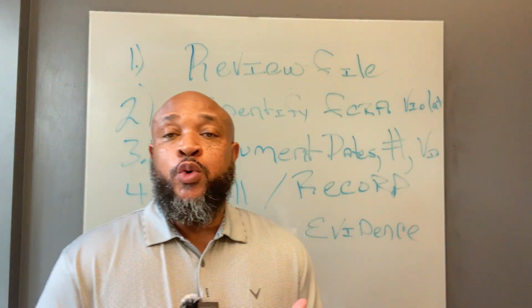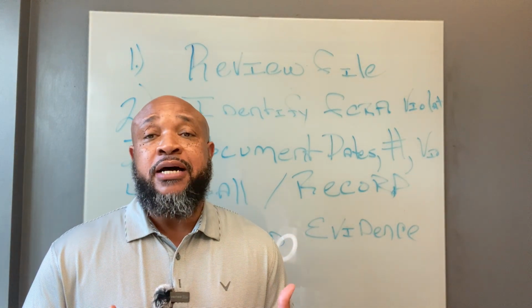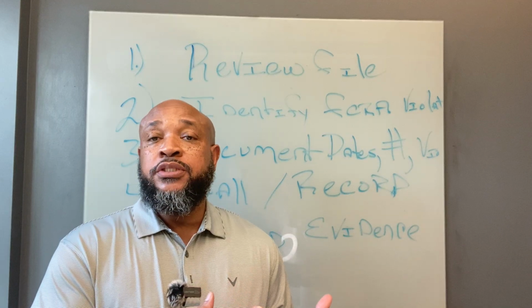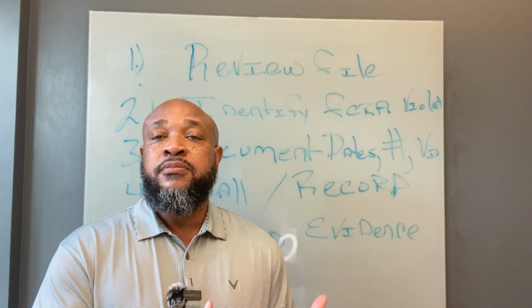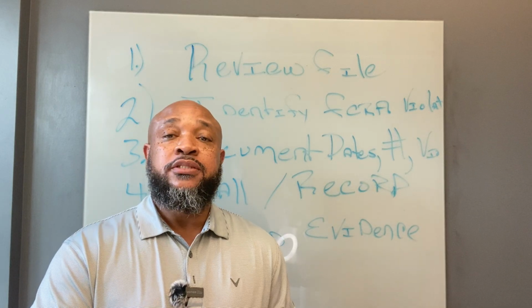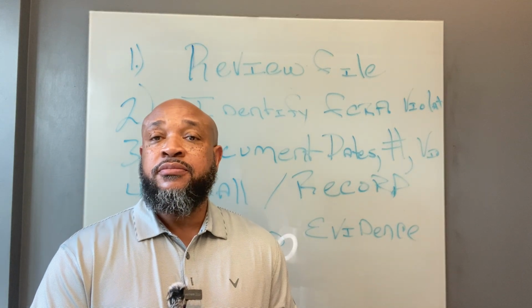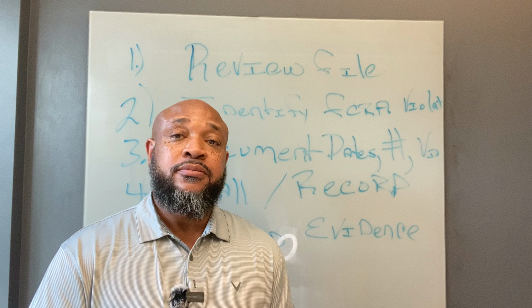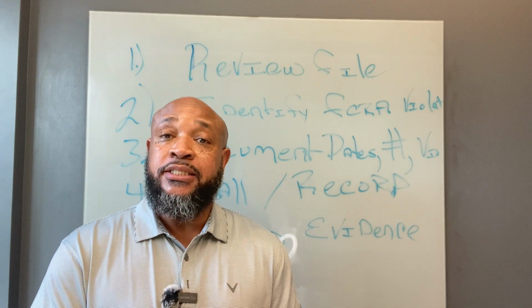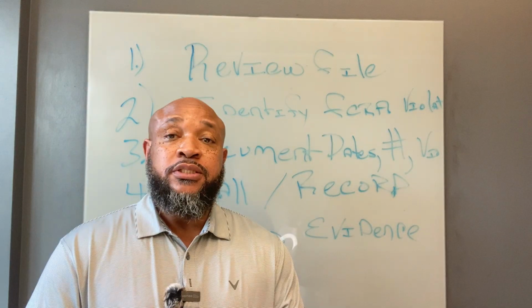What you're looking for, and I'll give you an example: when I was getting an account removed from TransUnion, I noticed that in each response that TransUnion sent me in writing, there was a different file number, meaning disputes.